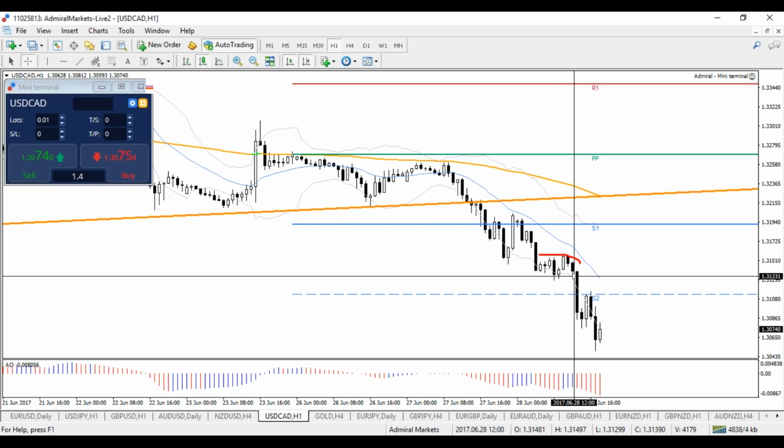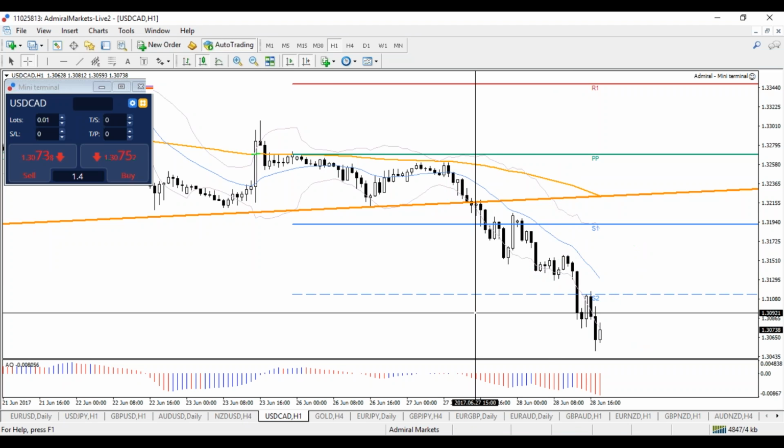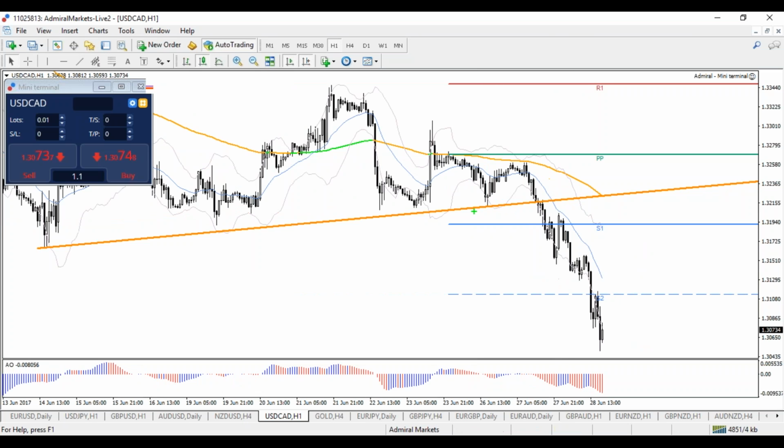I actually was hoping that this could be the start, but it actually broke to the downside rather than making a flag like this. This is what I was looking for on the dollar CAD. I do think though that with this strength of momentum, an hourly bear flag will occur, and there could be a good breakout to the downside. So that could be occurring on the dollar CAD.